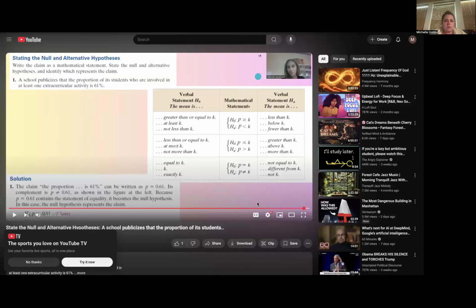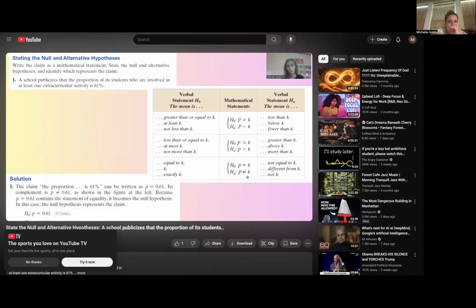I'm a little confused because I think it's false. We need to investigate that. We need to test that hypothesis, ask some students, and they say no, we are not involved. You're going to reject the claim of the school. So we don't know the truth or falsity at this time. We are just writing the null and alternative hypothesis here.